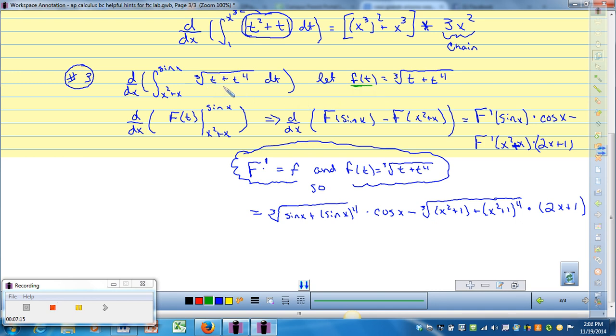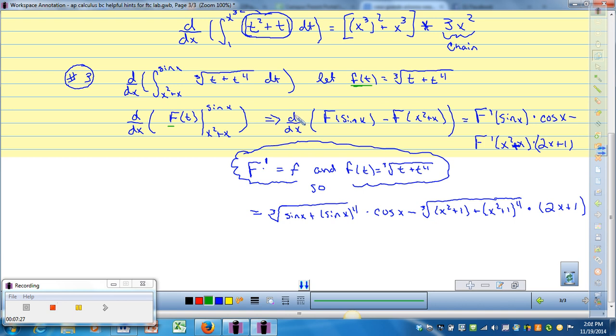So the first thing we would do if we wanted to work from the inside to the outside of this composition function, is take the antiderivative of f, which you'll see right here is capital F of t, evaluated between x squared plus x to sine x. So the next thing we do is evaluate capital F at sine x minus capital F of x squared plus x.